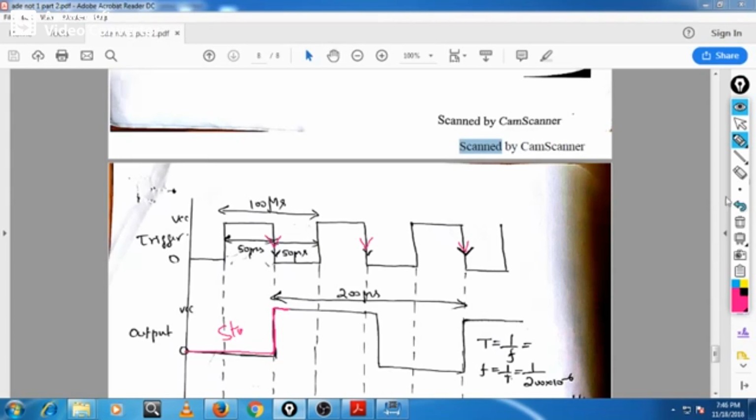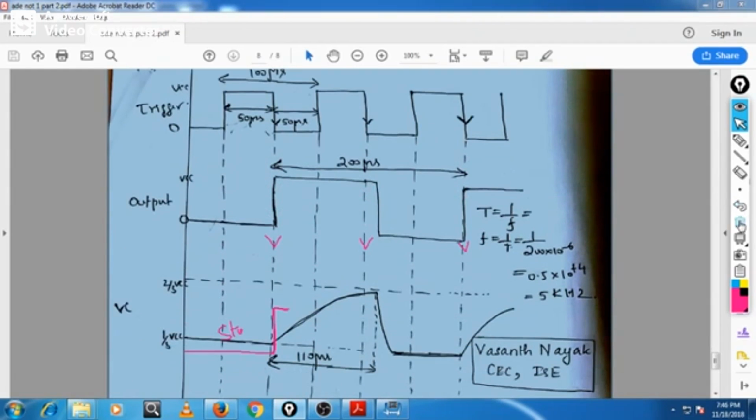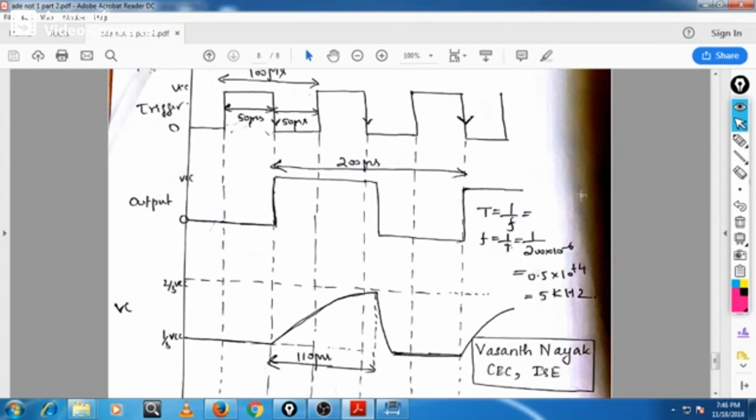You have to find out till what time. As I said, this is a negative edge, so the output is low and the output is going to the unstable state.